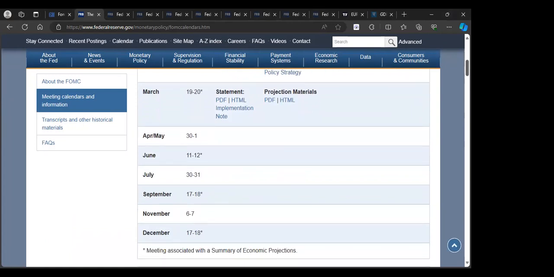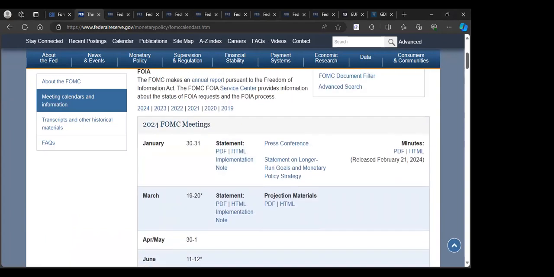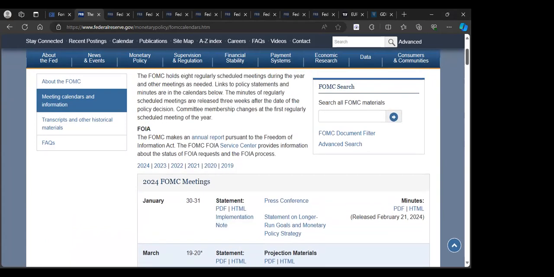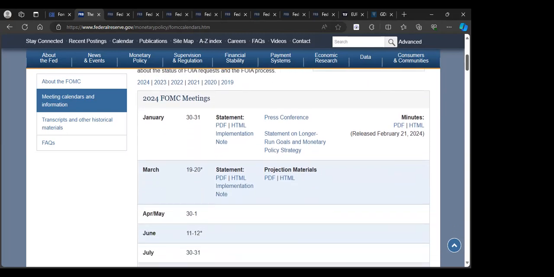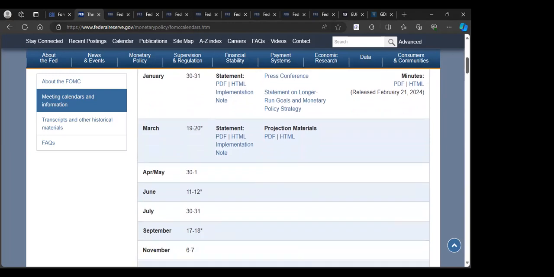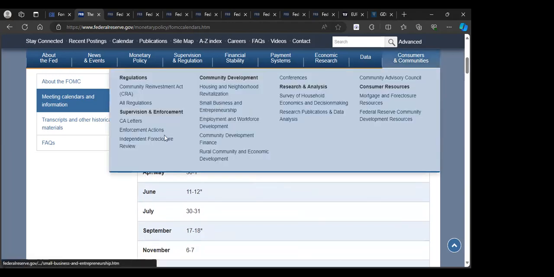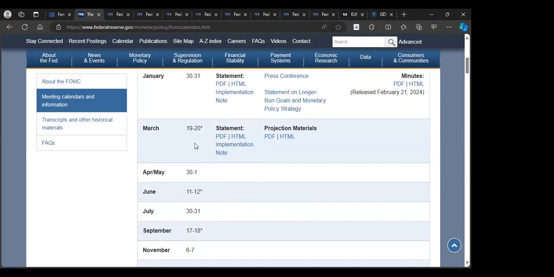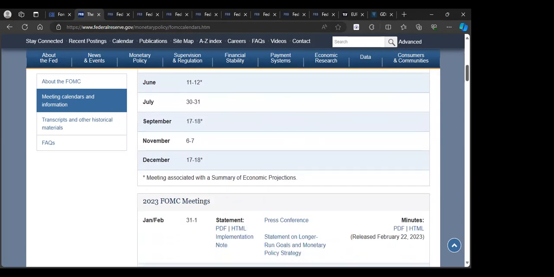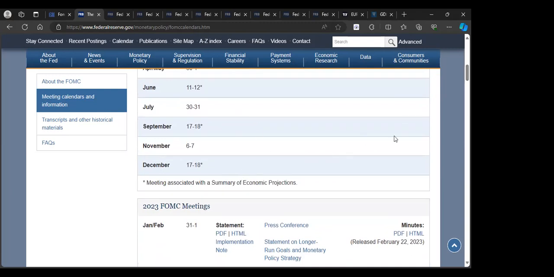Okay, so this one. This is typically the calendar that I go through and look at, because everything that I pretty much want to see is here. At the top, it'll tell you that the Fed holds 8 regularly scheduled meetings throughout the year. You can start at the top and just scroll through. The meetings we care about are March, which is the one we just had, June, September, and December.